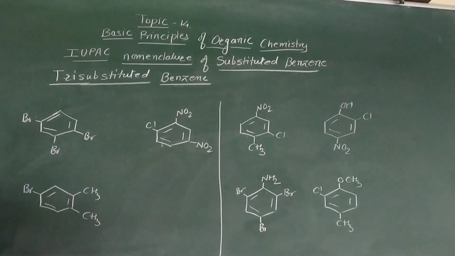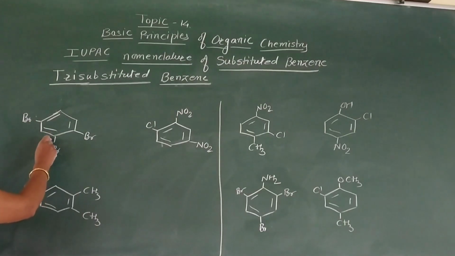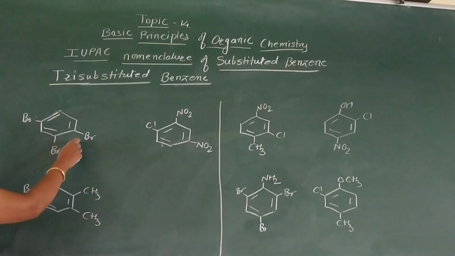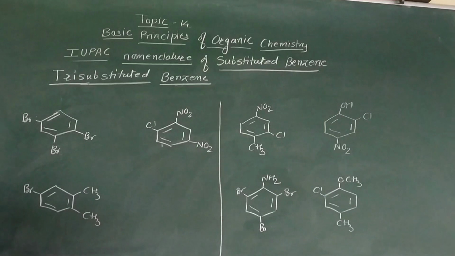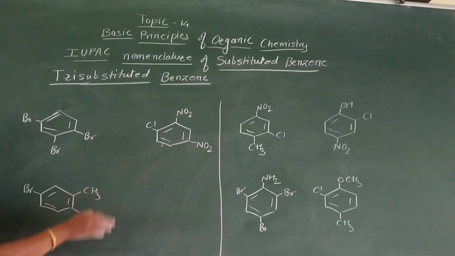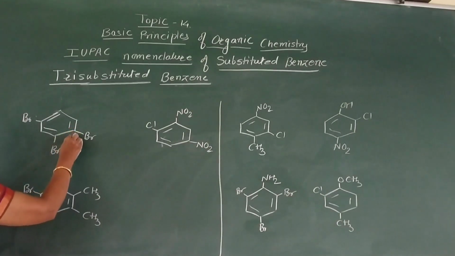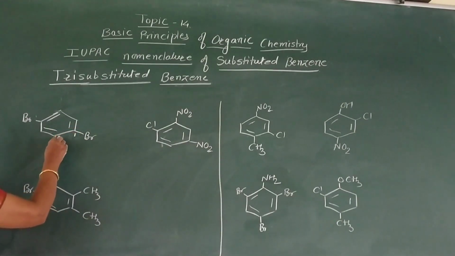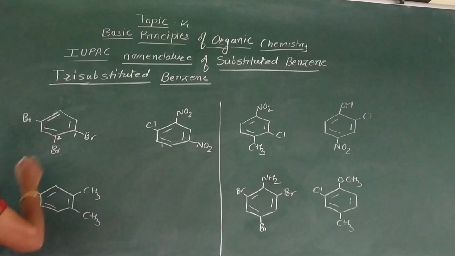First example: this is a benzene ring which is bonded to 3 similar groups, that is bromine. Here we are going to give numbers from the carbon atoms which are nearer to each other. 1, 2, that is, these 2 branches are nearer to each other.